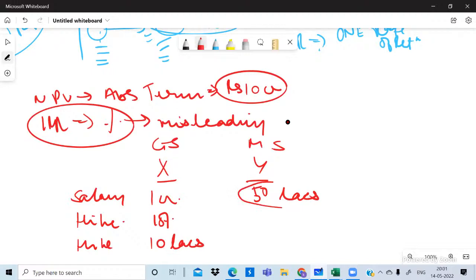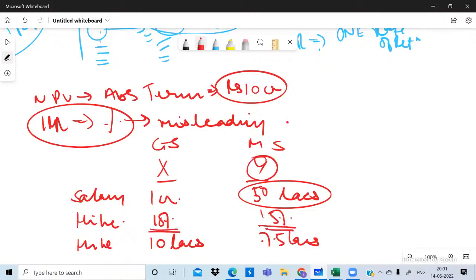This person gets a hike of 15%, but 15% of 50 lakhs is what? 7.5 lakhs. So when I start looking at percentages, Y could be happy saying that, oh wow, I've got a hike of 15%, but then your 15% is on 50 lakhs, his 10% is on 1 crore, his salary has gone up by 10 lakhs, your salary has only gone up by 7.5 lakhs.